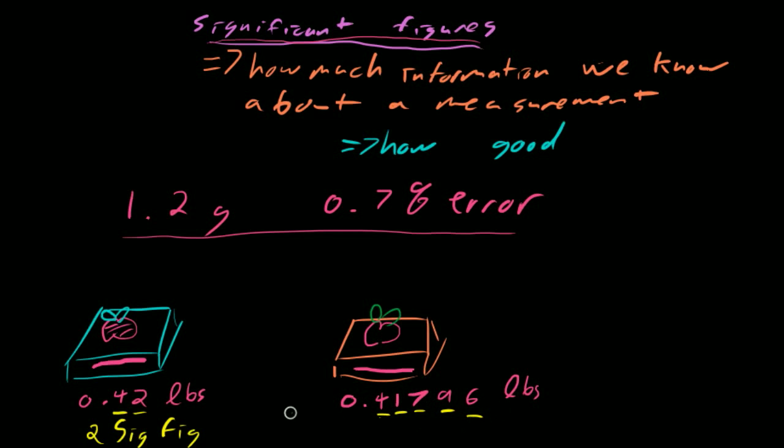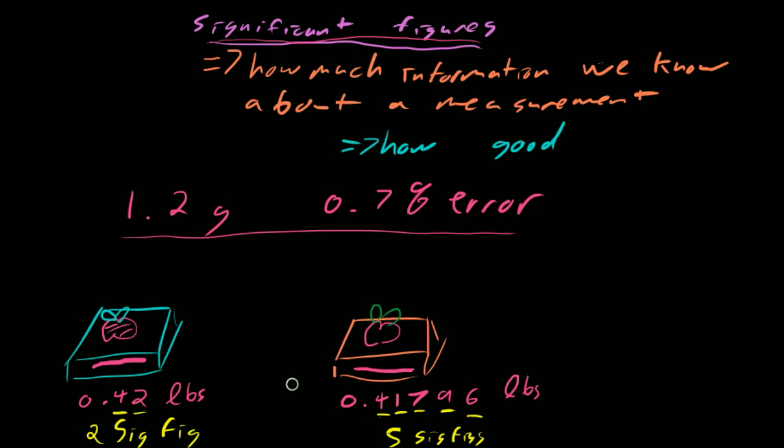That's much more than with only 2 sig figs, where I could only represent 100 different values. With 5 sig figs, there are 100,000 different possibilities of estimations of how much my apple actually weighs.